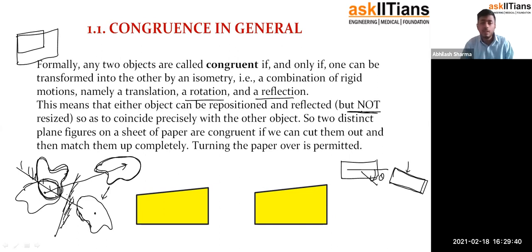If you resize, then they will no longer be congruent, right? That's what we are saying, that if one of the figures or objects can be repositioned or reflected but not resized so as to coincide precisely with the other object, then they will be called congruent.